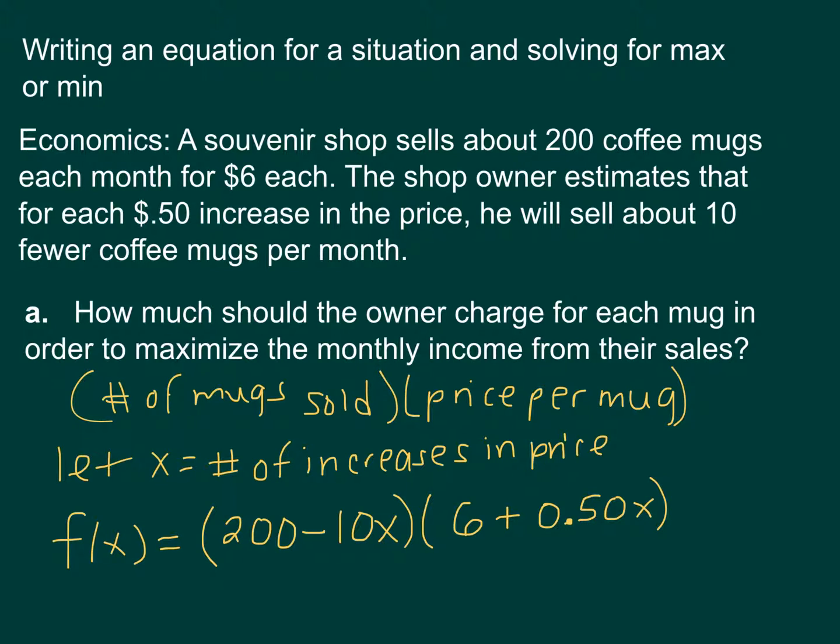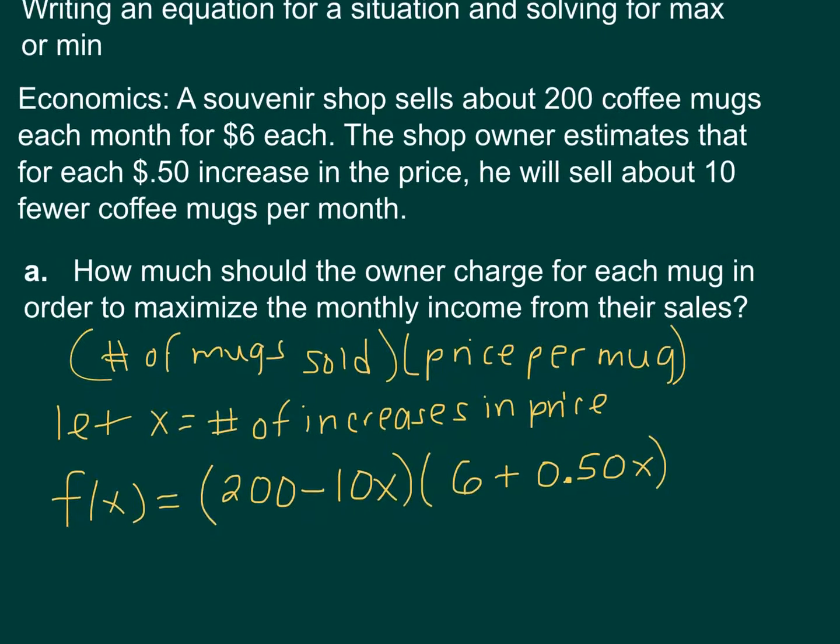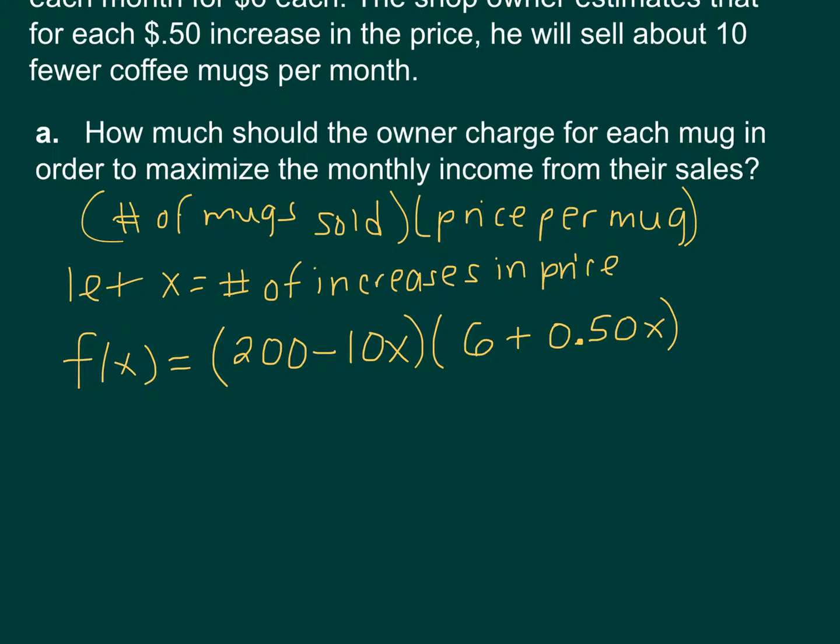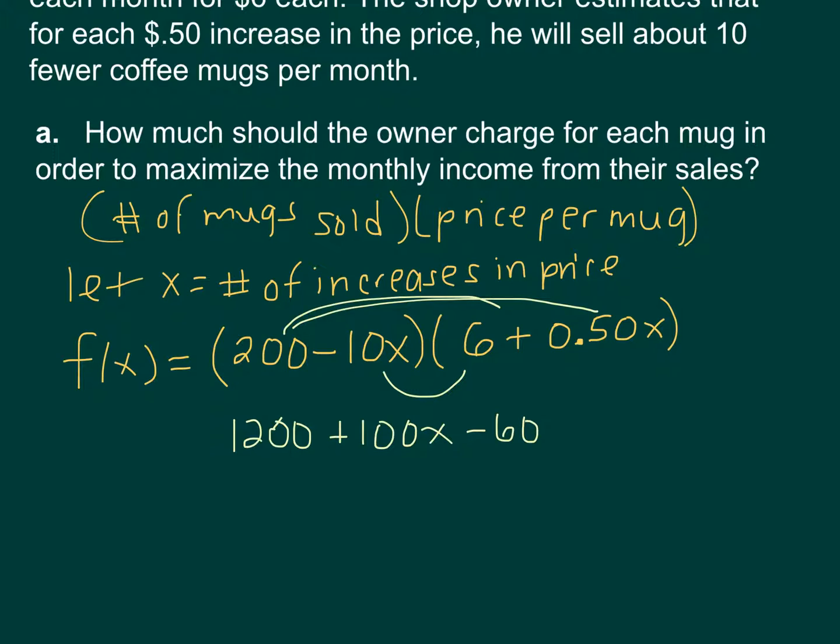What we want to do is actually multiply it out. So we're going to multiply this out. And on your homework, it might not say to come up with the equation, but you have to come up with an equation. So 200 times 6 is 1,200, and then 200 times 50 cents would be 100, so it's plus 100x. And negative 10 times 6 is negative 60x.